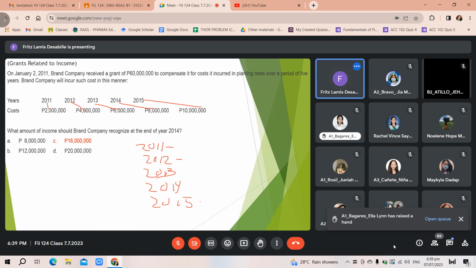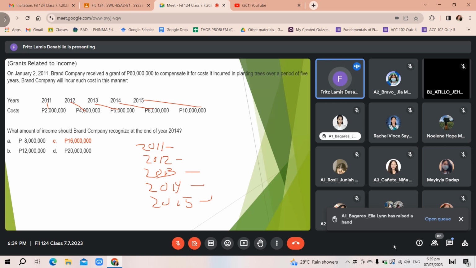Ano siya? Butang ninyo per year ang pila ang income mag-i-recognize. Sige. 5 minutes. Please get the income recognized in 2011 to 2015.